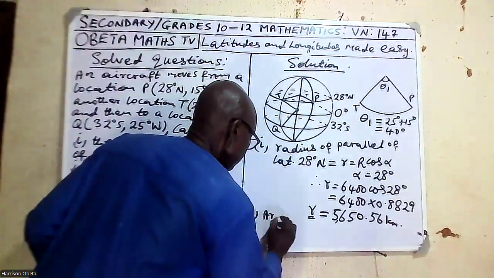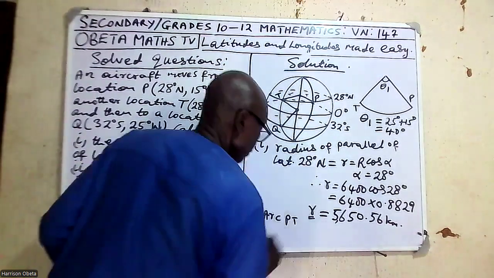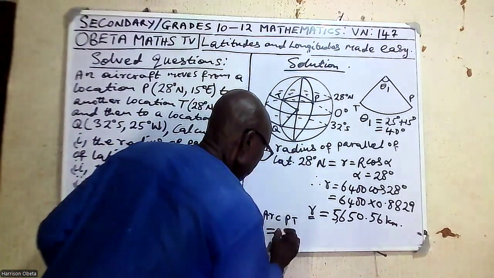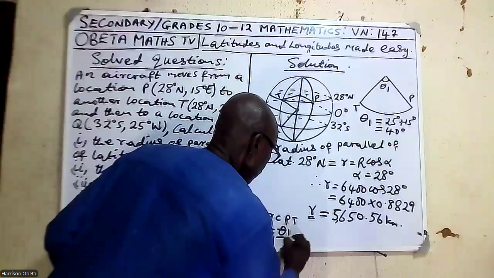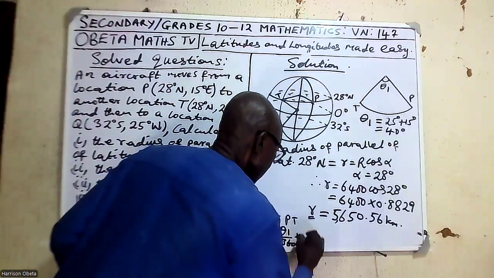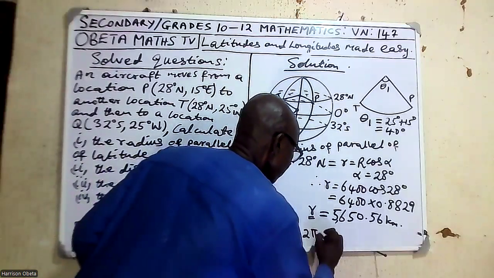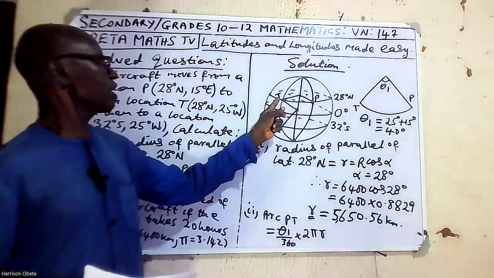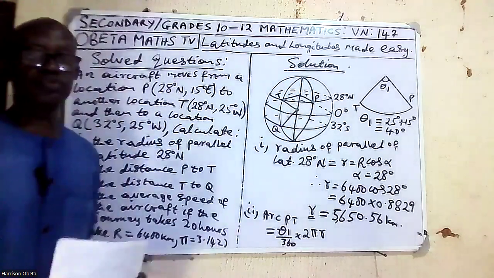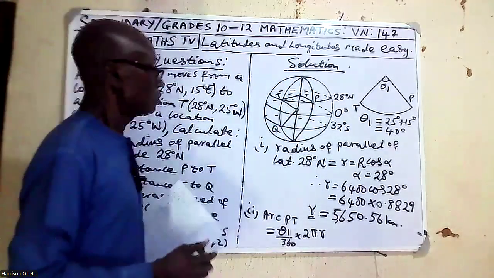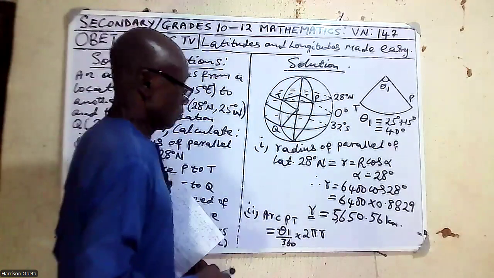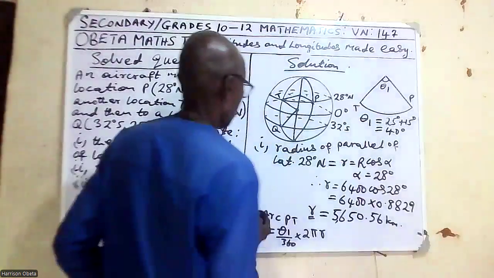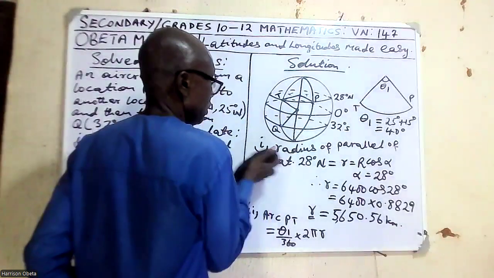So arc PT is given by the formula theta 1 over 360 times 2 pi r, because we are talking of distance along parallel of latitude. So we continue from here.